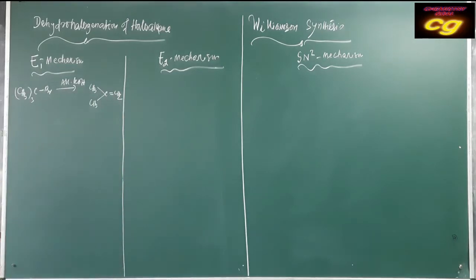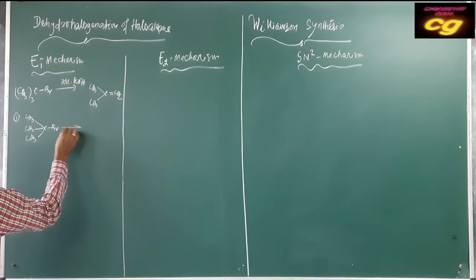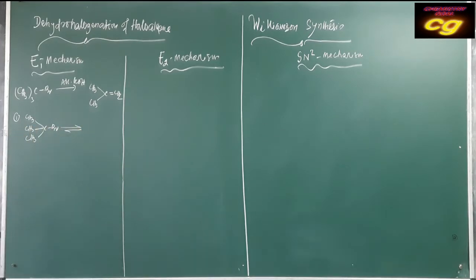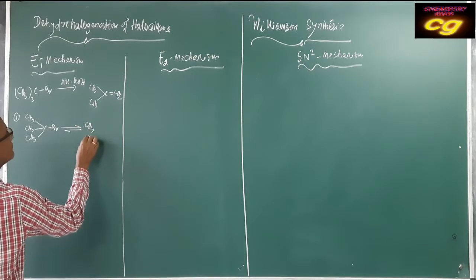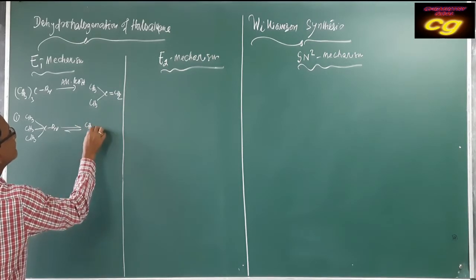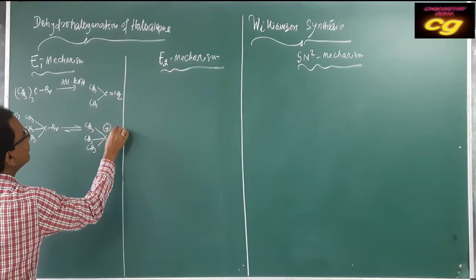We know E1 mechanism means the first step is the formation of carbocation. First, what happens? This (CH3)3CBr undergoes loss of Br minus, forming carbocation and Br minus.